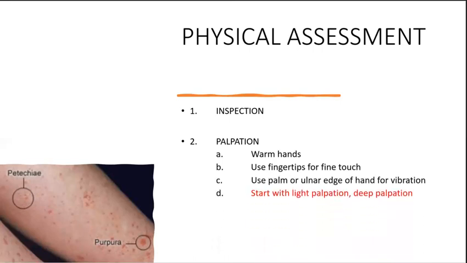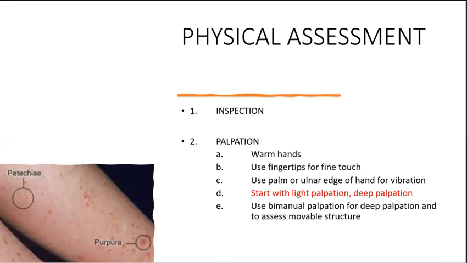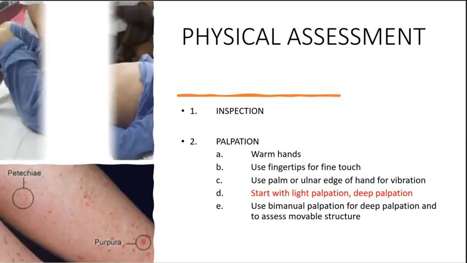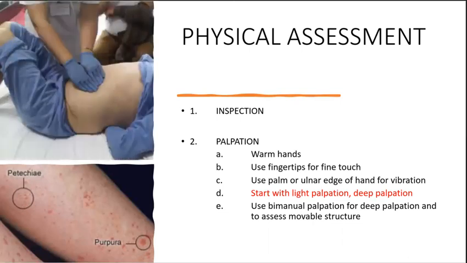We always want to start with light palpation before we progress to deep palpation. And you want to use both hands for deep palpation or when we are trying to assess movable structures like the kidneys. So we always want to use both hands, or bimanual palpation, for deep palpation.